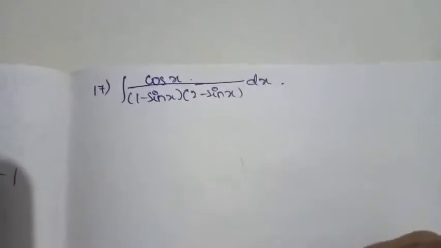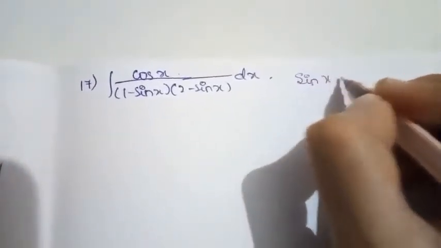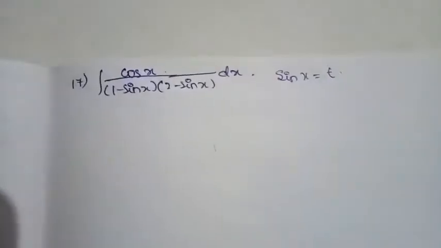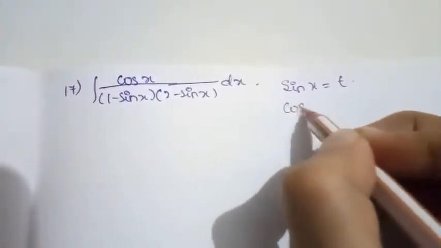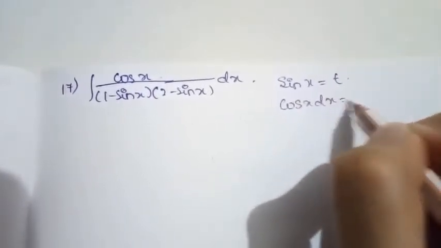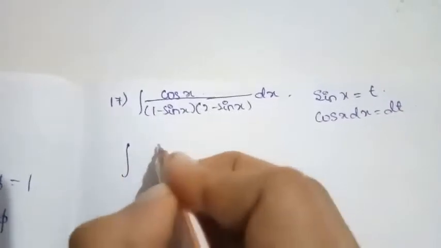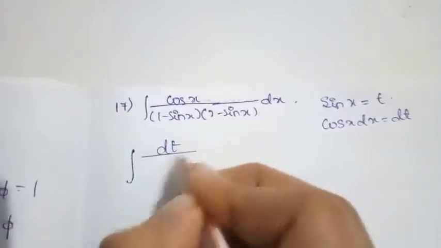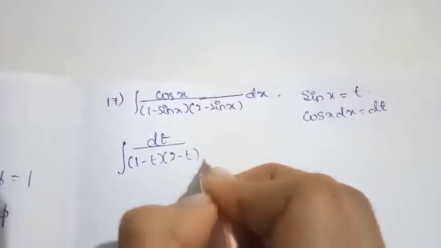So what we are doing here is substituting sin x is equal to t. Differentiating this with respect to x, I get cos x dx is equal to dt. So what happens to this given integral? This becomes dt divided by (1 minus t) into (2 minus t).